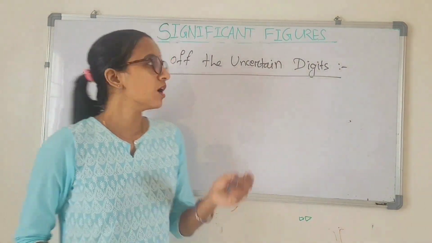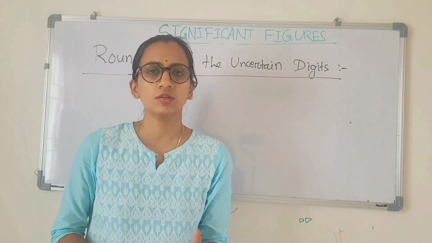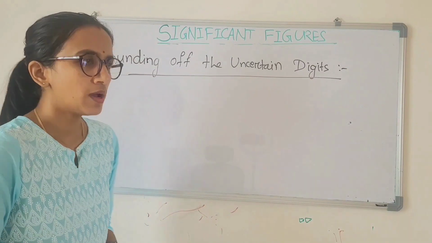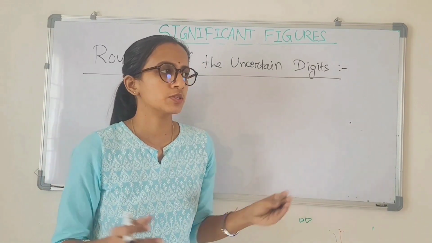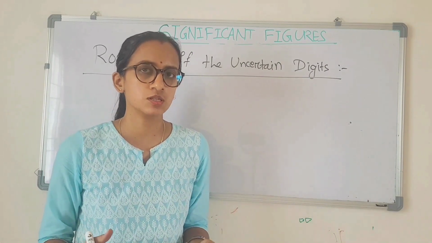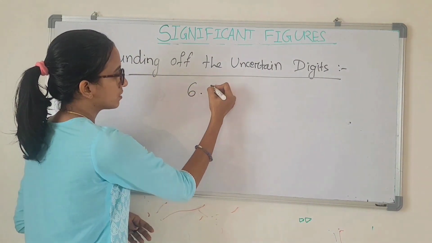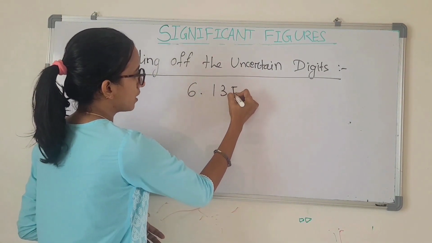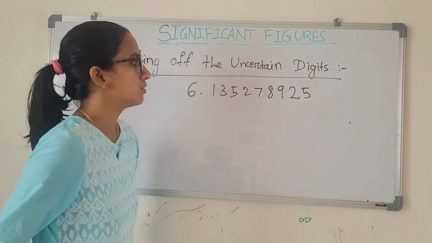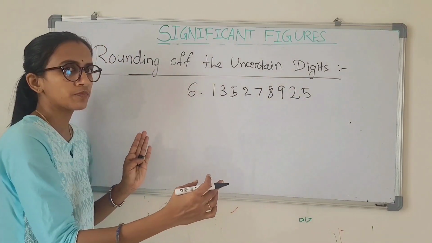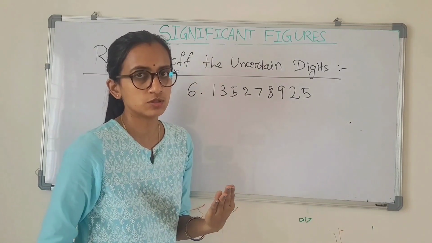Next, we will see rounding of the uncertain digits. Uncertain digits are nothing but the doubtful digits. While we are doing measurements, sometimes we get long figures with so many uncertain or doubtful digits. For example, suppose in a measurement we get a result of 6.1352789925. This is a very huge number and it is not easy to use for further calculations.